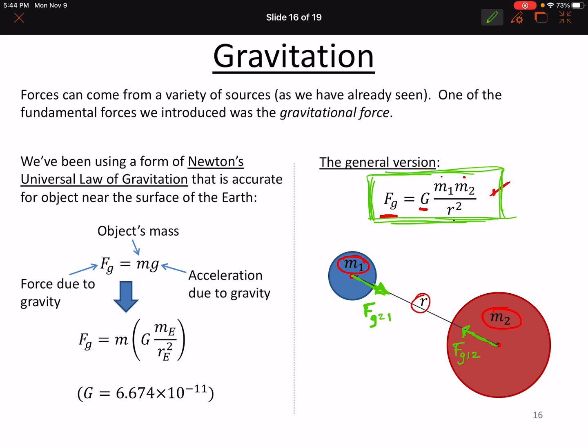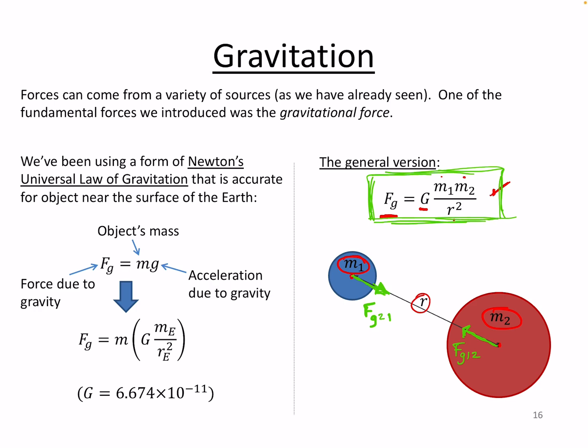A couple other notes here. One, this is still not the best model of gravity that we have. Einstein improved upon Newton's universal law of gravitation as recently as just over 100 years ago. The general theory of relativity requires quite a bit of mathematics that we aren't going to be delving into in this course, but does allow us to explain some gravitational phenomena that Newton's universal law of gravitation doesn't do too well.